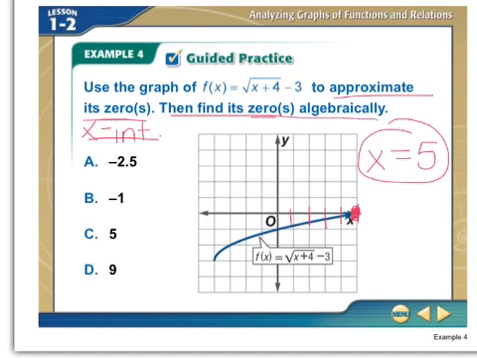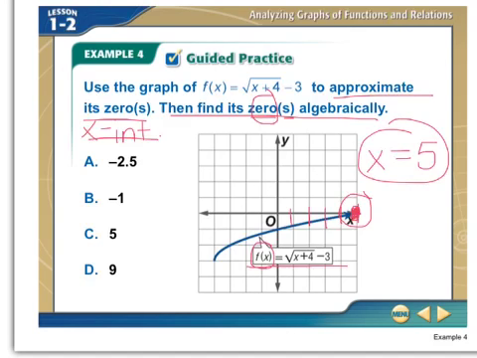My assumption here based on the graph is that we're only going to have one zero when I use the algebra to find the zero on my own. So, here's the deal. f of x is equal to the square root of x plus 4 minus 3. Now, we are going to substitute 0 for y and solve for x.